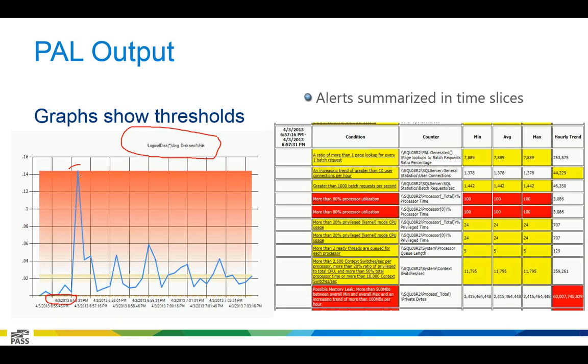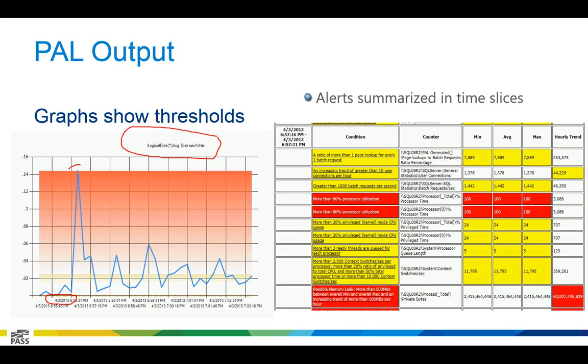The trick here is that this is based upon a particular value at a given time, so it doesn't do trending. In the SQL world, if you have a server where let's say your page life expectancy is typically around 20,000 seconds, and then it jumps down to maybe 5,000 seconds because someone ran a large scan or something else happened, PAL's not going to point that out for you.